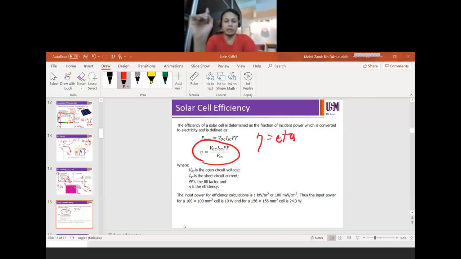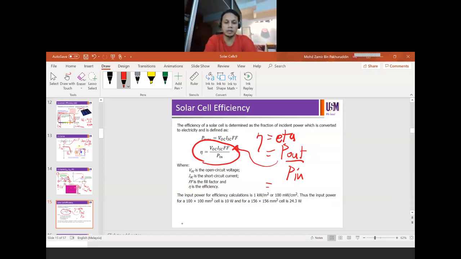We normally call it eta, right? Eta is equal to P out over P in, power output over power input, and P out is equal to this numerator: VOC times ISC times fill factor, over P in.